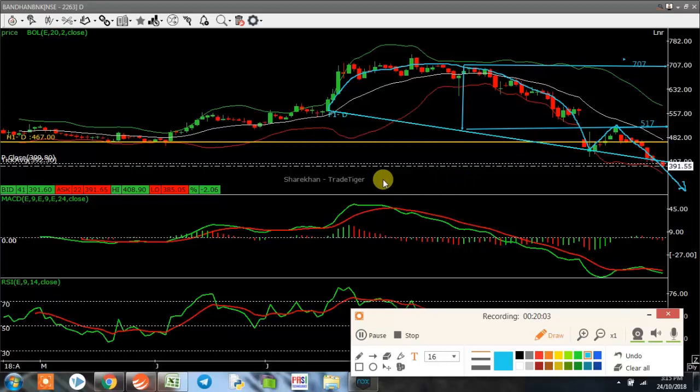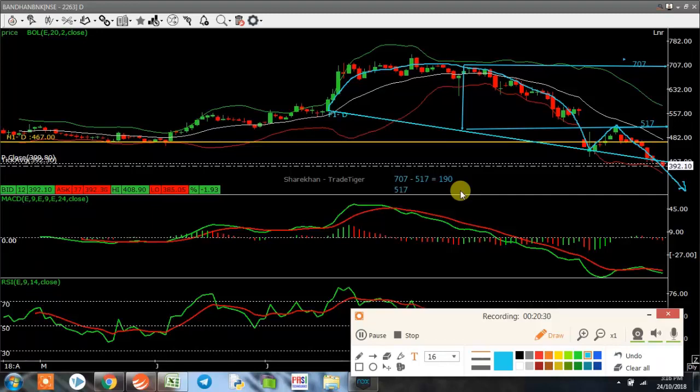Now the amount of downfall expected in this stock from the level of 517 is 707 minus 517, which is equal to 190. Now the stock has fallen from 517 to 390, or let's say we take it as 387.